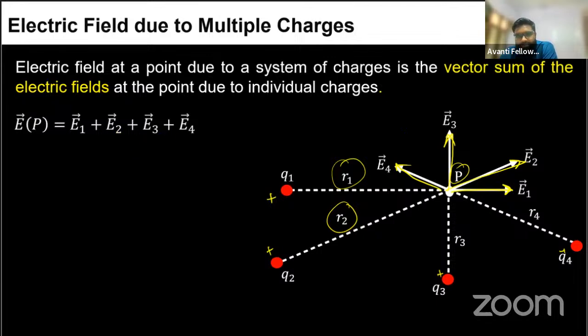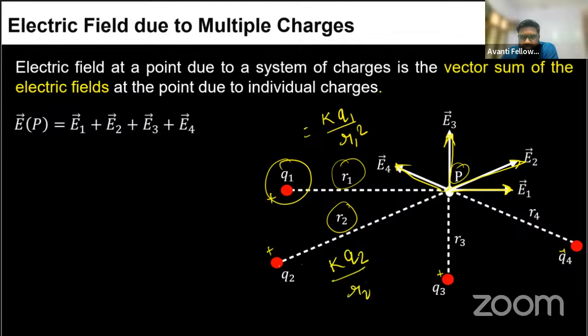And always remember that the electric field of this charge will not be disturbed by the electric field of this charge. Because if you find the electric field of this charge, it will be kQ1 upon R1 squared, because the distance from point P is R1. For this one you get kQ2 upon R2 squared. For this R3, it is kQ3 divided by R3 squared. They are not depending on each other: Q1 is not depending on Q2, Q2 is not depending on Q3.